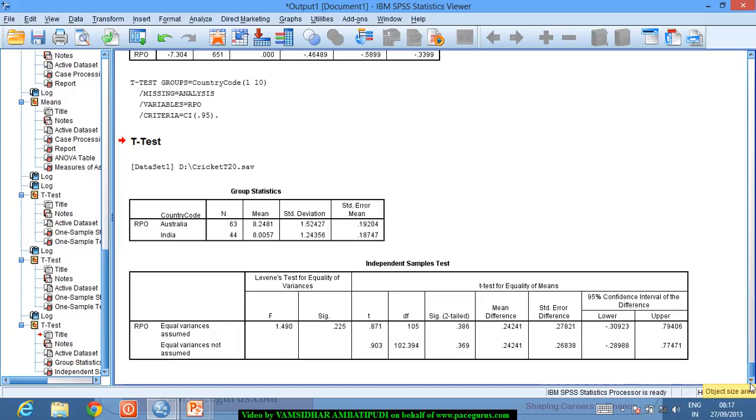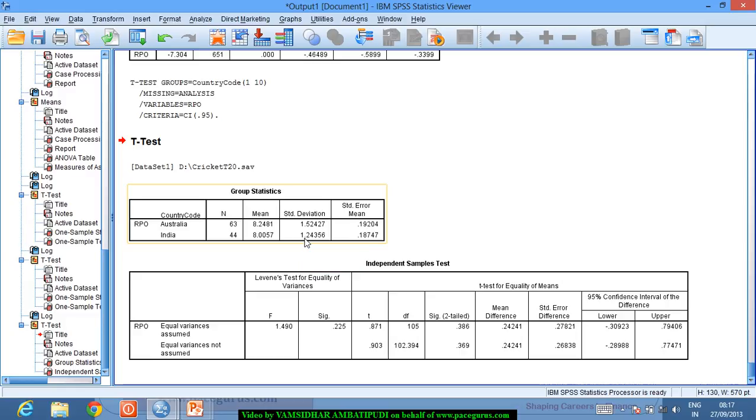The group statistics document is giving me that in Australia there are 63 matches that are played with a mean of 8.24 and a standard deviation of 1.52, whereas India was involved with 44 matches with a mean of 8.00 and a standard deviation of 1.24.